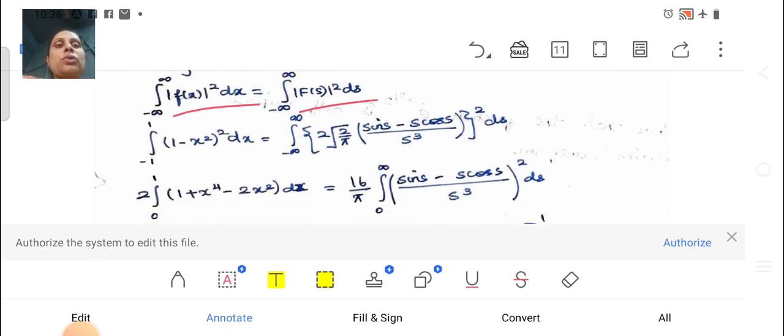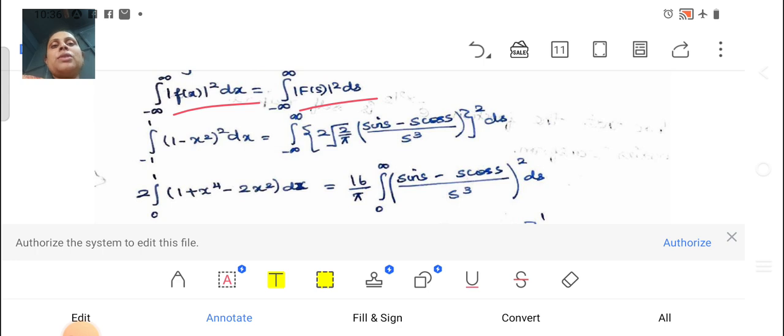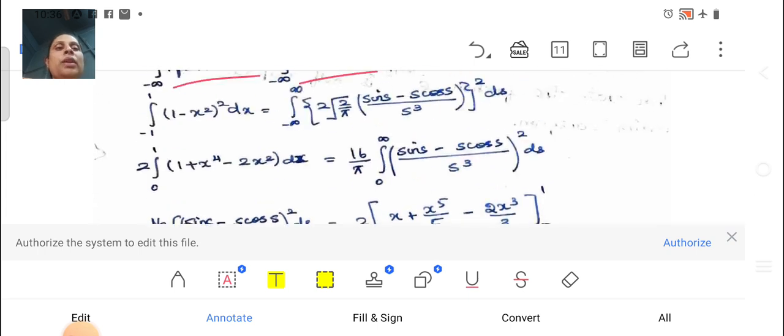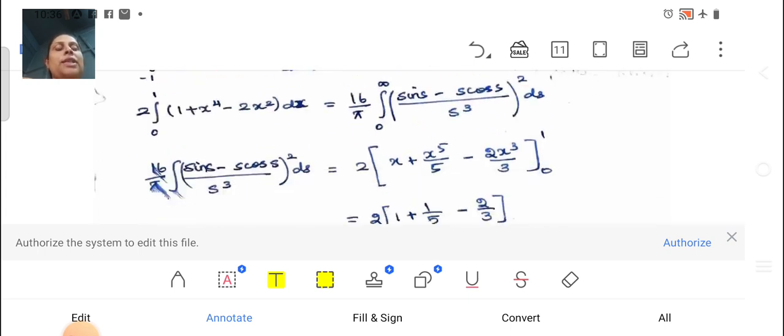After using the (a − b)² formula and simplifying, we get the integral of (1 + x⁴ − 2x²) dx. The right hand side is 16 by pi, integral from 0 to infinity of ((sin s − s cos s) divided by s³)² ds. Next we substitute s equal to t.